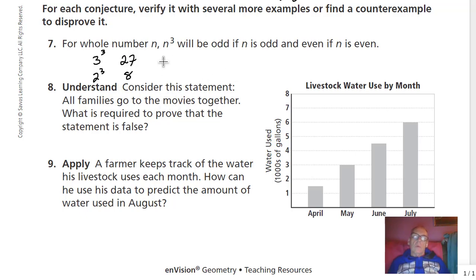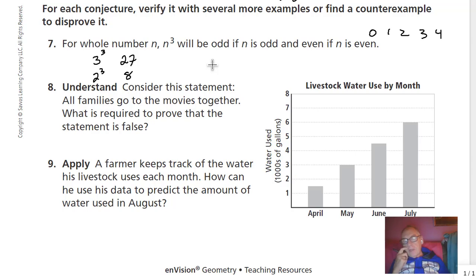Now we're talking about whole numbers. Remember, the whole numbers start with 0, 1, 2, 3, 4. They don't go into the negatives. So the counting numbers plus 0 make the whole numbers. Let's see. Bigger numbers, like 15. 15 times 15 is 225.